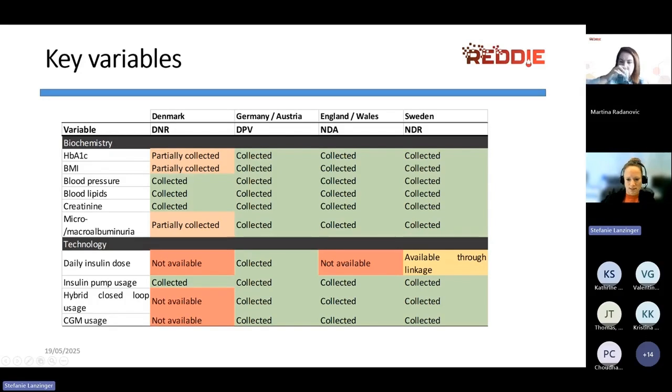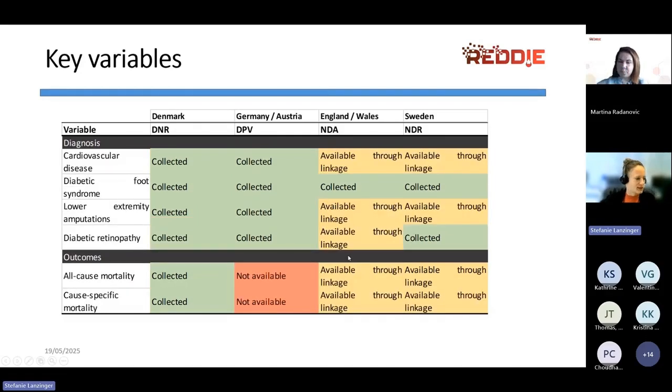But as I already said, in DPV, we do not have information on mortality, as can be seen in this slide. Mortality information is present in Denmark, England, Wales, and Sweden. And also cardiovascular disease and other complications are documented either directly in the registries or are available through linkage to other data sources.